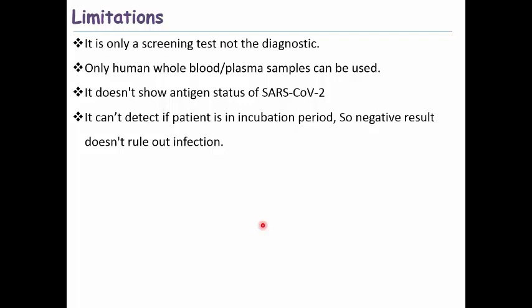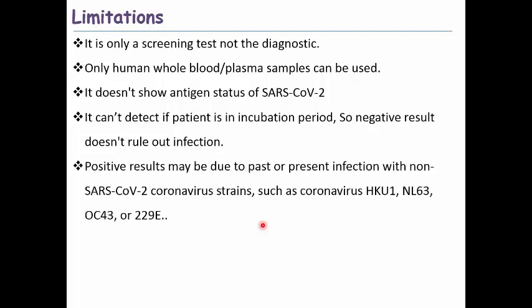So a negative result doesn't rule out the infection. And a positive result may be due to any past infection or past immunity against a non-SARS-CoV-2 coronavirus, so antibodies produced against other species or other strains of the coronavirus may give a false positive result with the rapid antibody screening.